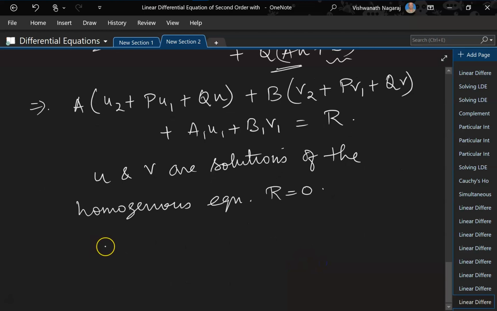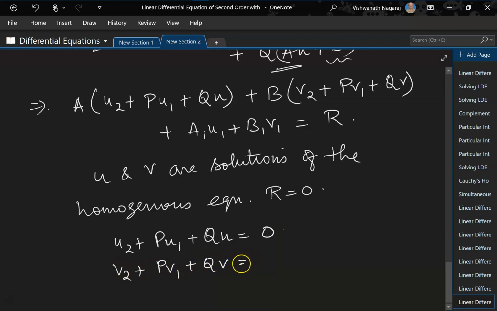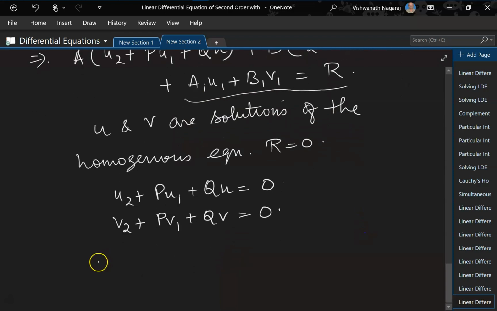So which means u2 plus pu1 plus qu is equal to 0. Similarly, v2 plus pv1 plus qv is equal to 0. So if these two are 0, what we are left with is only a1 u1 plus b1 v1 is equal to r.